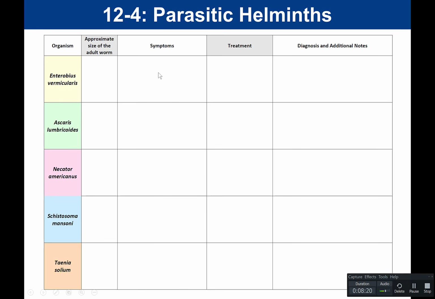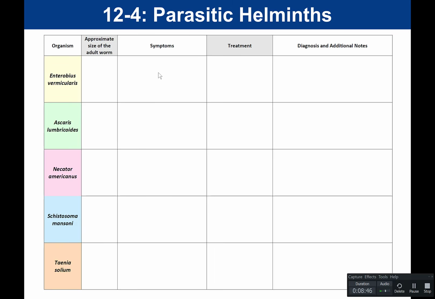You want to know what are the symptoms. So what are the symptoms of this type of infection? What is the treatment? And then diagnosis and additional notes. And so basically, it's the things that were written on the slides or typed on the slides. Those are going to be the important things that you want to know. So when you're studying these slides, you really want to look at what is written on the slide.